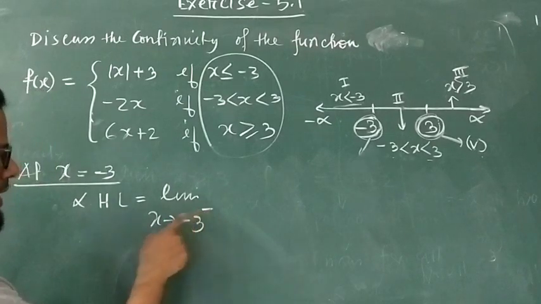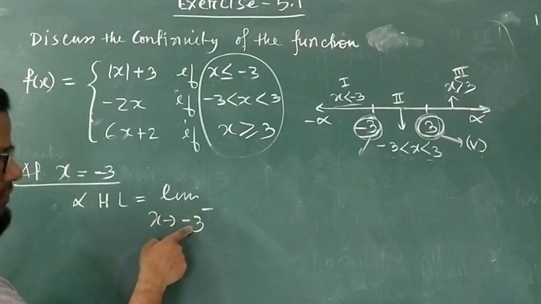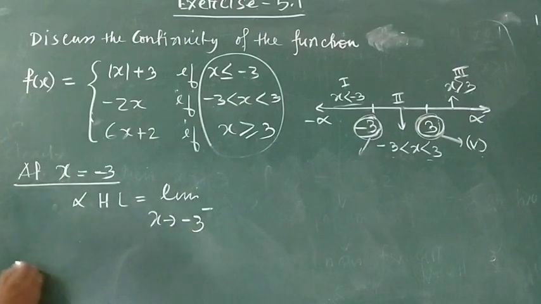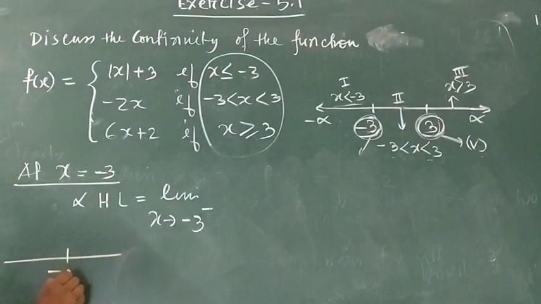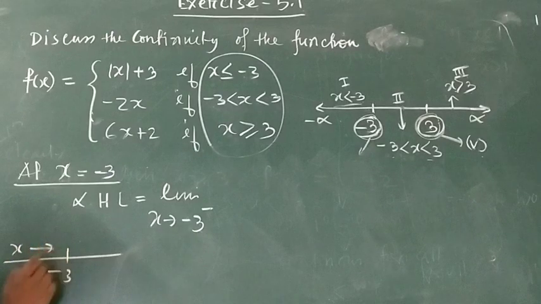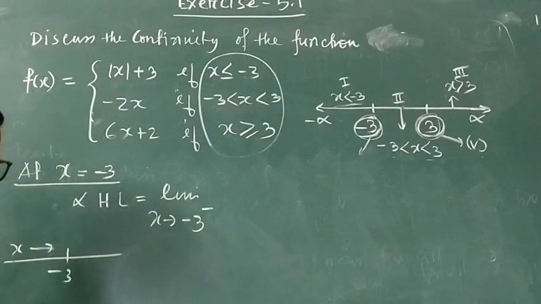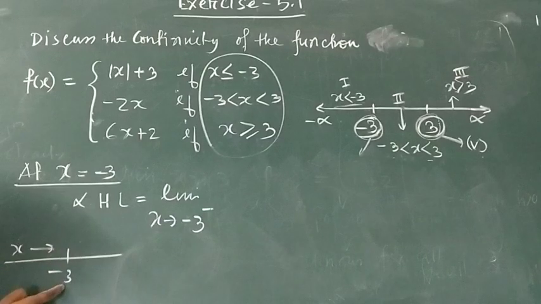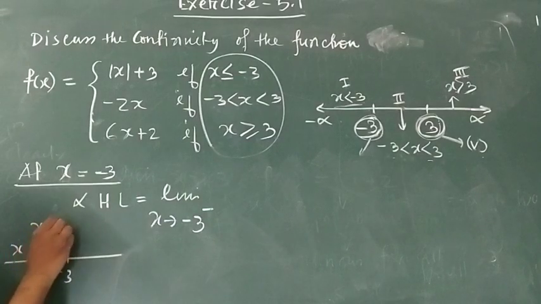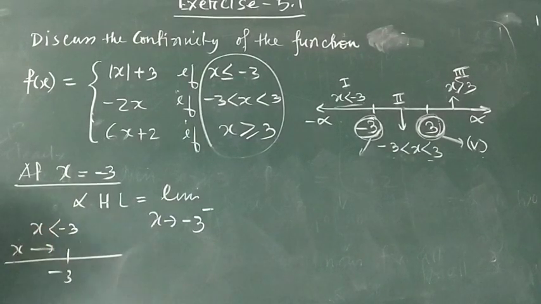This minus means x approaches minus 3 from the left. This is your number line, this is minus 3, and x is approaching minus 3 from the left, which means x will be less than minus 3. So we can write x is less than minus 3.